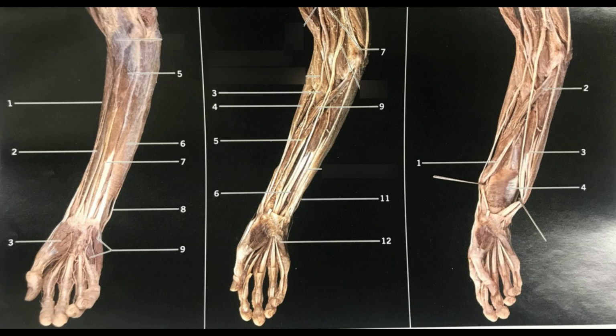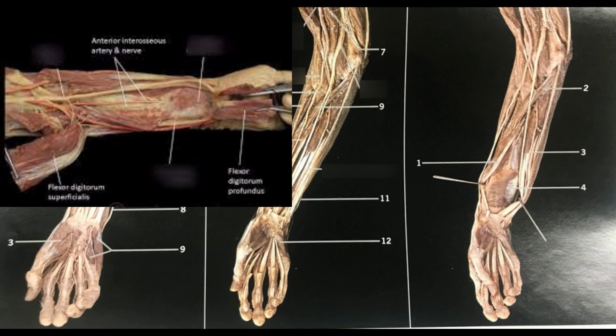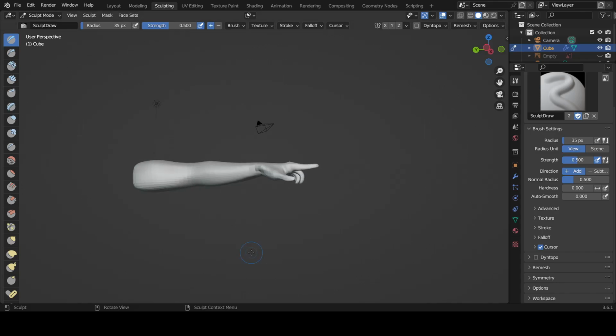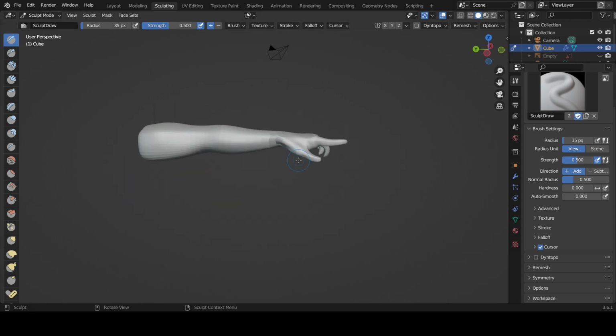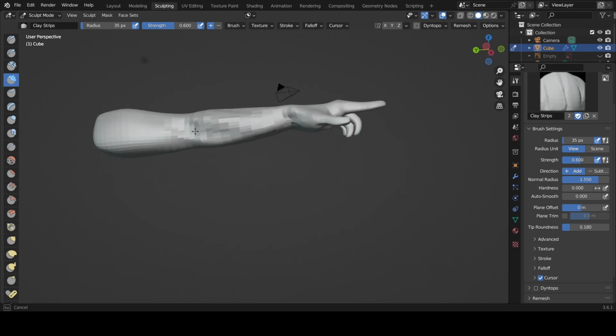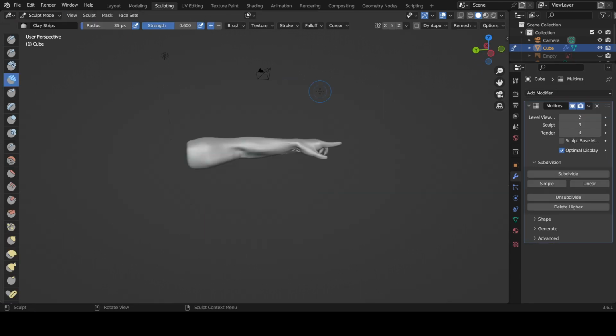When we think about anatomy, we usually think about the muscles, the tendons, how they interact, and how they come together to form the mechanics of the arm. But when sculpting human hands, I would recommend not just looking at the mechanics and the bone structure and the muscles, but actually looking at it with skin.